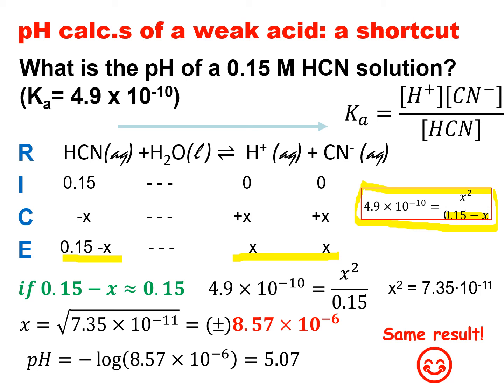The reason in this example that I picked we came up with the same result was that the value of the Ka, that's this, was significantly smaller with respect to the concentration. So it's all in the balance between how much is the concentration of the acid and how much is the Ka of the acid, the relative value of those two.